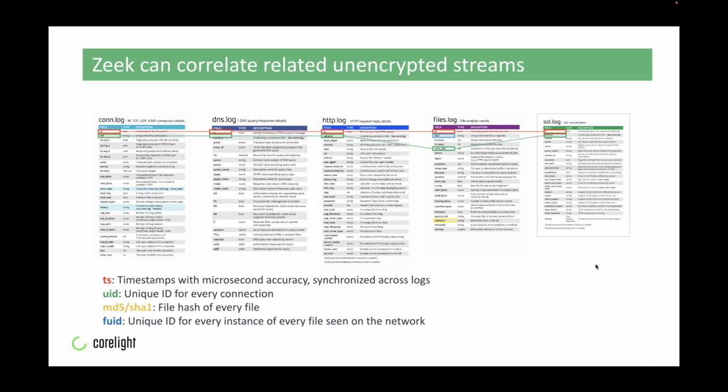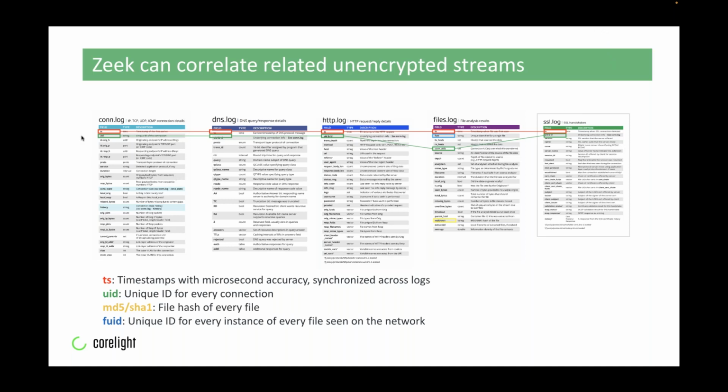The timestamp is the red, and the UID, the unique ID for every connection, is the green. Hopefully you can see that within all of these logs you have that commonality of the timestamp and the UID. So all of those files can relate to one another with regards to what happened within that stream, what happened with the encrypted traffic, and you have that nice common element across all of them.